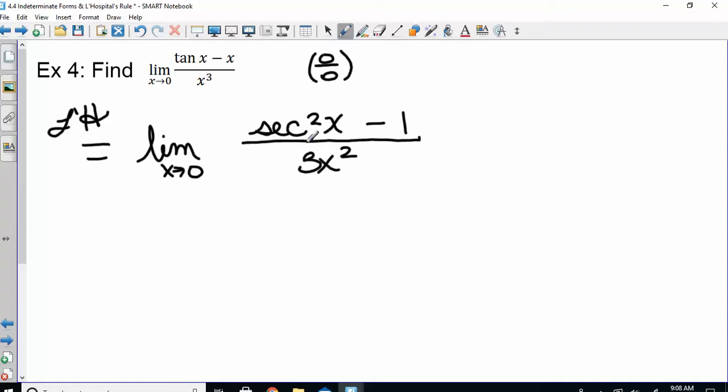Secant is the reciprocal of cosine. What is the cosine of 0? 1. So secant of 0 is 1. So on the top I get 1 minus 1, which is 0. On the bottom, 3 times 0 is 0. What do I have to do? Do it again.